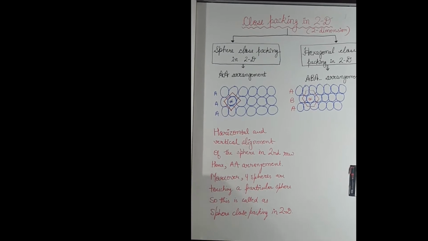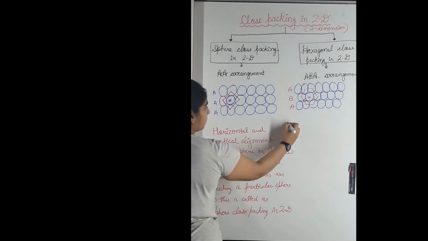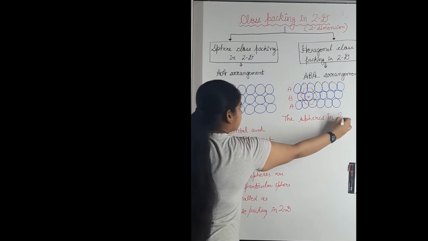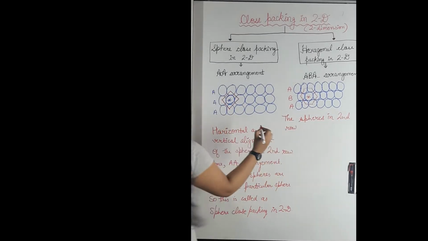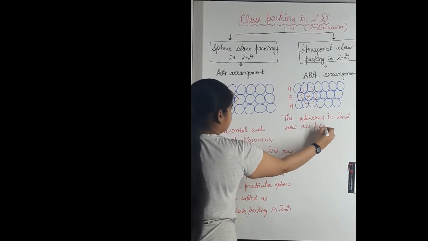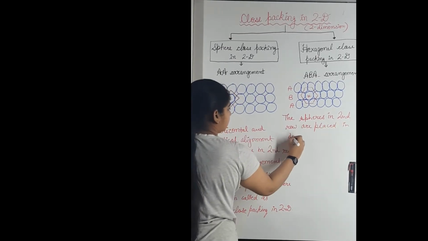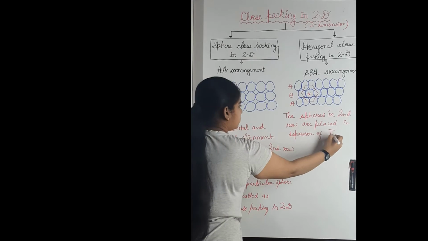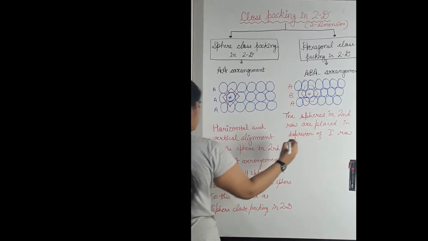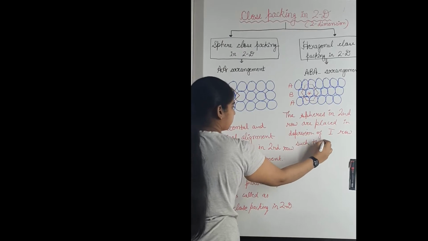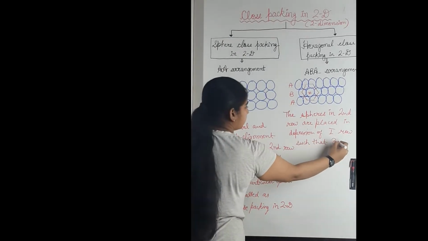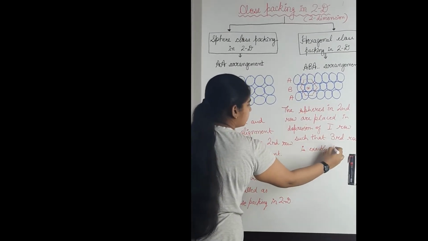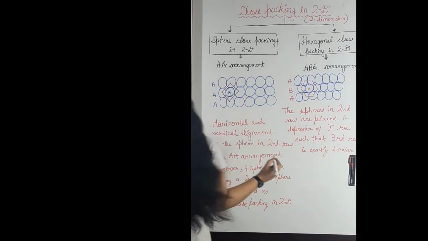You may note it down, guys. The spheres in the second row are placed in the depression of the first row such that the third row is exactly similar to the first row.